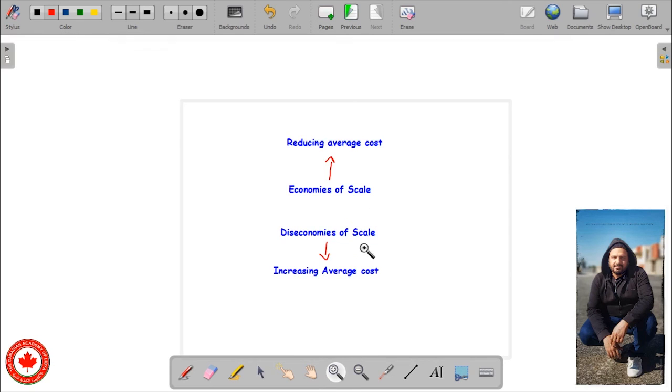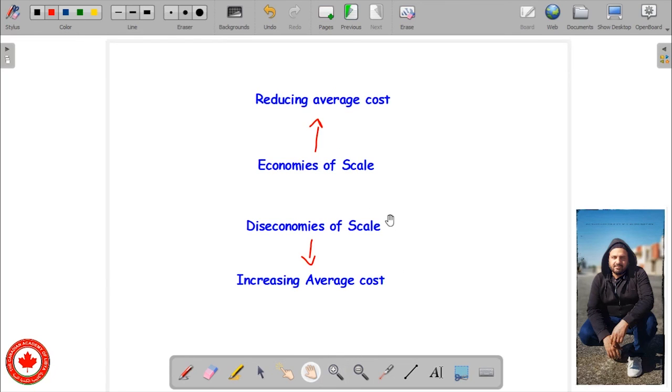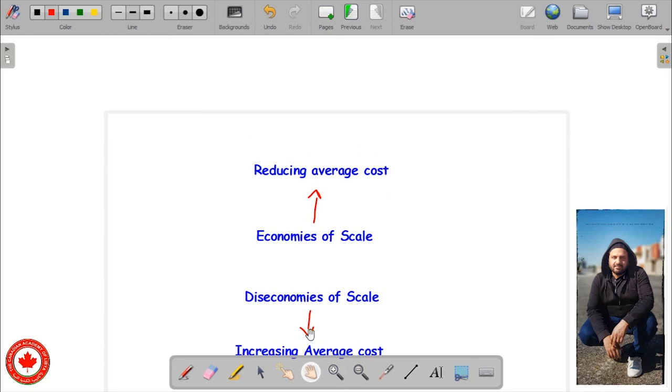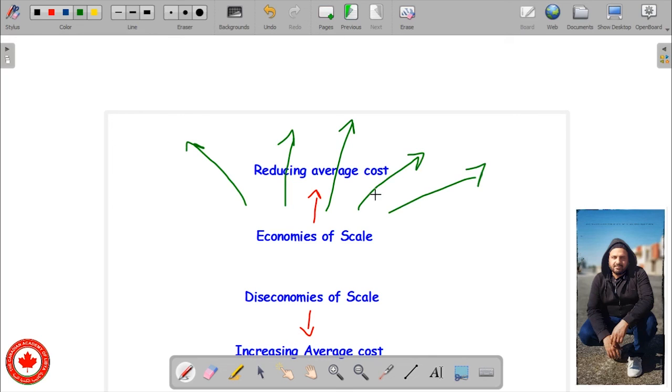The factors of economies of scale, as we mentioned, are five of them. Number 1, purchasing economies.